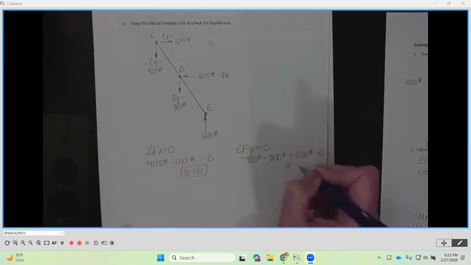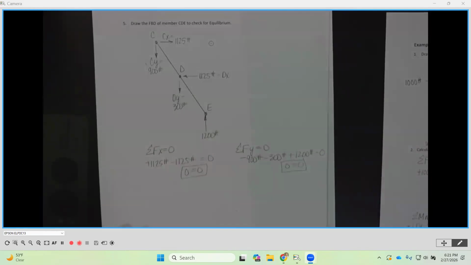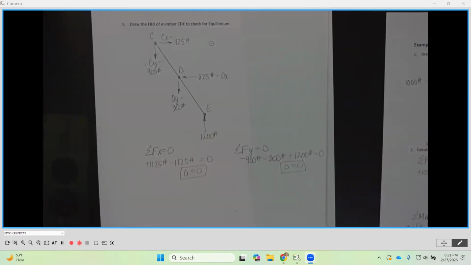Sure enough, 0 equals 0. So what that tells me is when I ended up in equilibrium on my final member, all of my values previous to this were good and I did the problem correctly. If something is not equaling, if I don't get 0 equal to 0, then I know I've got to go back and try to find where I made my mistake.